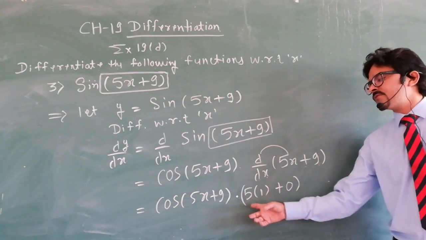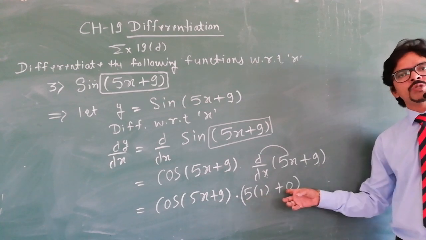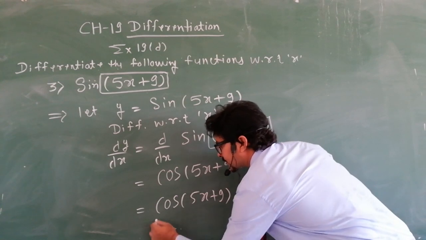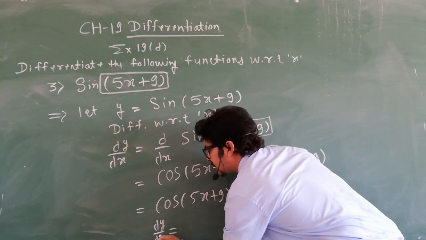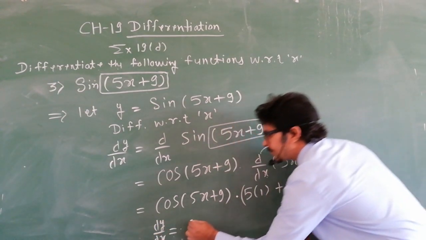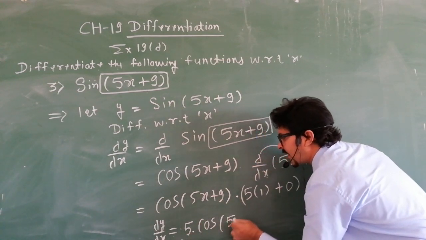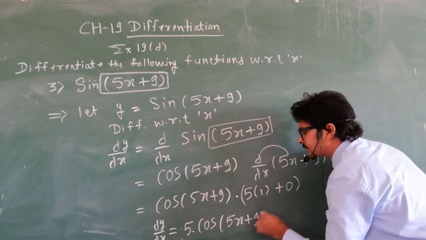You will simplify this. 5 into 1 is 5, 5 plus 0 gives you 5. So finally we can write our answer: dy by dx is equal to 5 times cos(5x + 9).